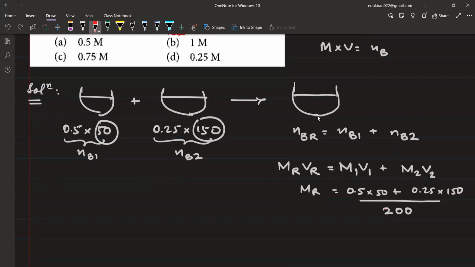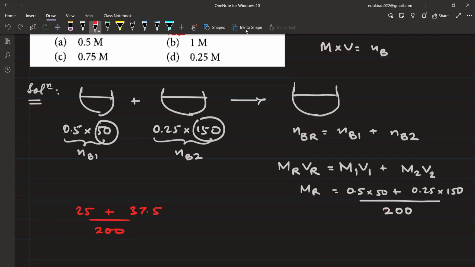0.5 into 50 will be equal to how much? 25, sir. Correct, 25 plus 0.25 into 150 will be equal to 37.5. 37.5 divided by 200.